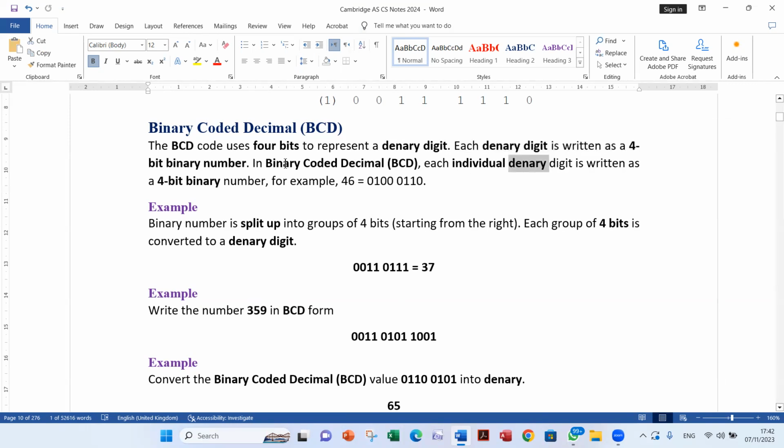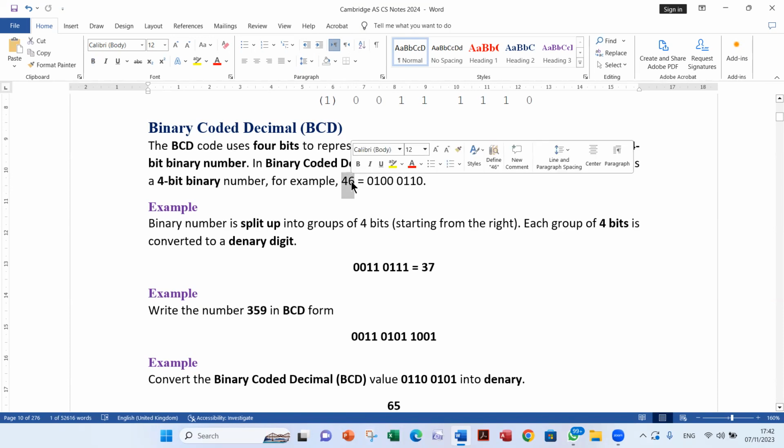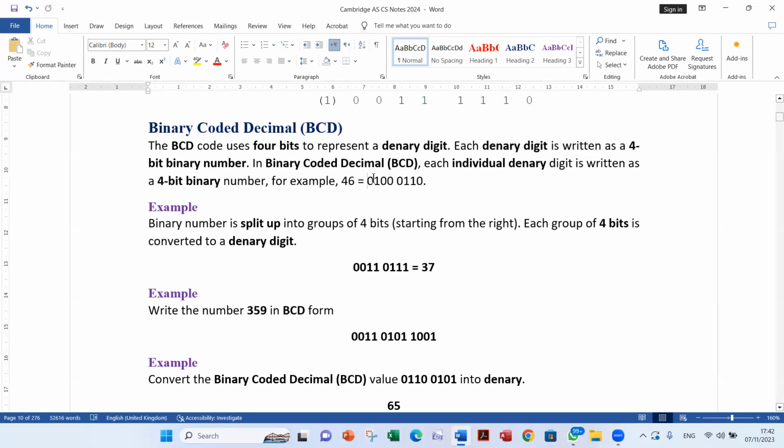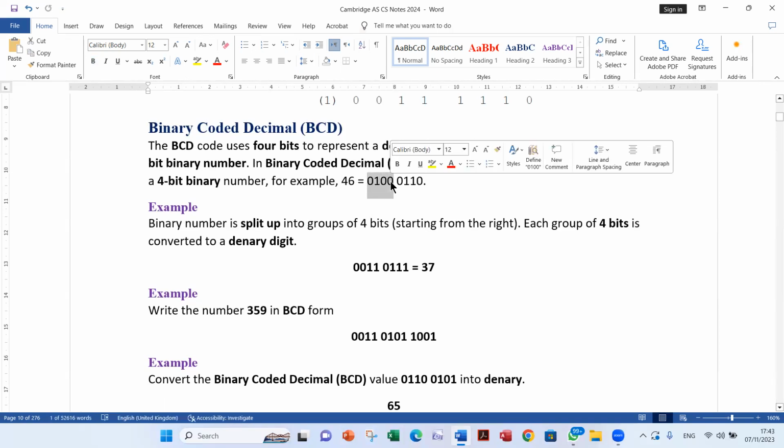So binary coded decimal is very, very simple. If you have 46 in denary, you convert the 4, and this is 0, 1, 0, 0. And you convert the 6, it is 0, 1, 1, 0.